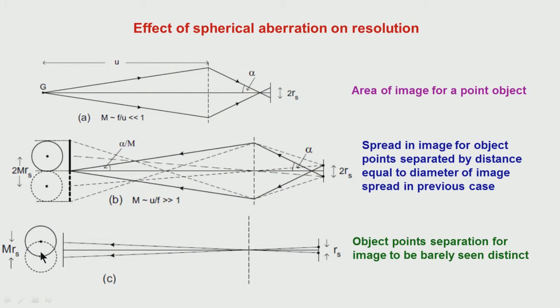That means that, compared to the Rayleigh criterion, the lens aberration, since for a point object it is not giving a point image but a spread, makes the resolution poorer and poorer. Only objects separated by a larger distance can be seen clearly because of the spherical aberration.